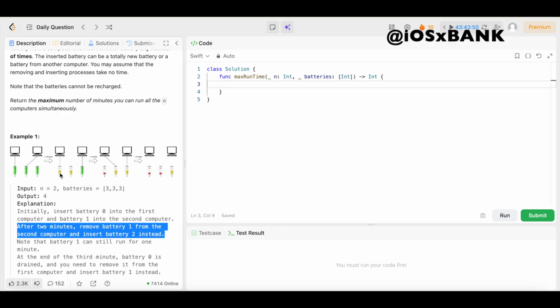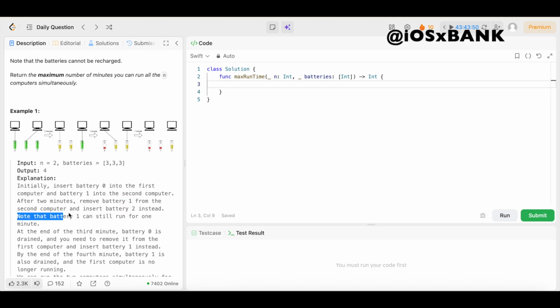Now the first computer has used up 2 minutes, and the second computer is using a full battery. Then it says note that battery 1 can still run for 1 minute.